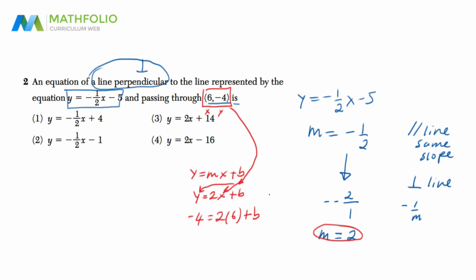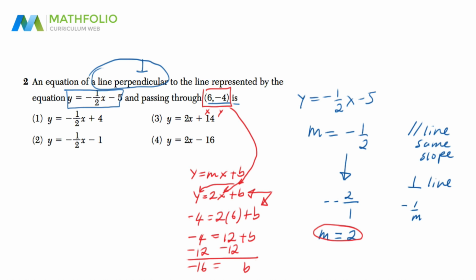Now remember, we're just trying to find out the b, and then we've got our equation. We just plug that b back in here and we're all set. So anyways, -4 equals 2 times 6 is 12 plus b. So to get b on its own, we subtract the 12. And in fact, we get b equals -16.